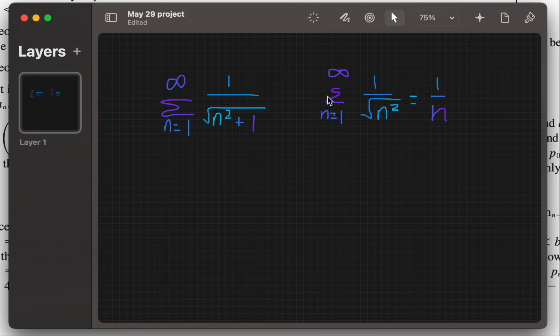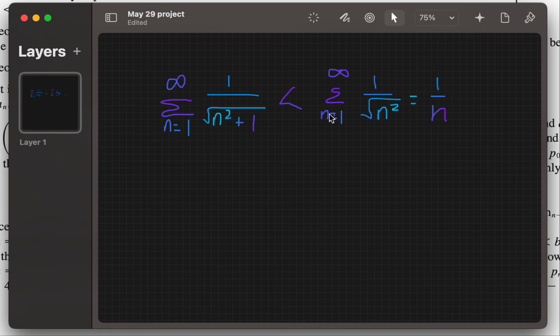So you know this series is divergent. However, to use the direct comparison test, the original series would have to be larger, and because its denominator is slightly larger than the denominator in 1 over radical n squared, it is actually smaller. So we cannot use the direct comparison test.